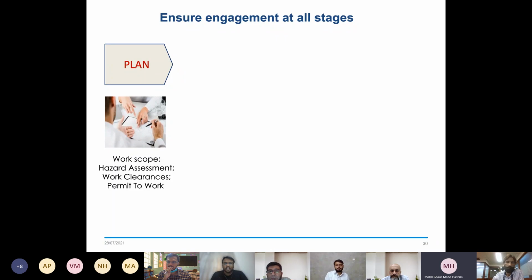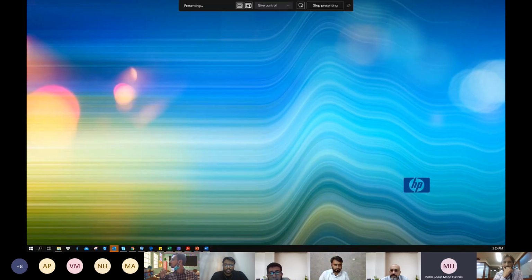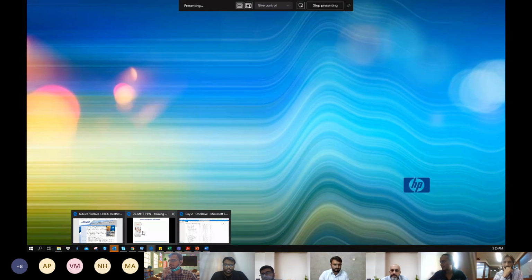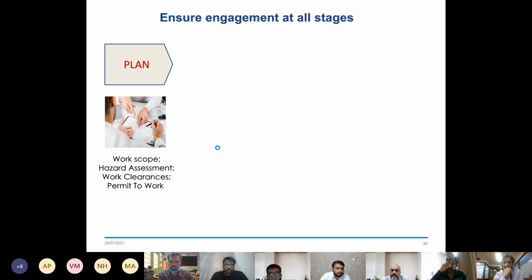In the engagement at every stage, this is what we always discuss with the contractor. As you can see here, we have a plan stage. There, we need to review the scope of work, assess the hazards, work clearances, and the permit to work system, which is entirely the documents themselves: WCF, GHA, and the permit.